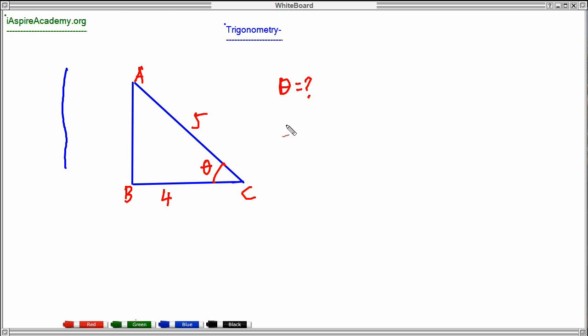So now we know that if this is theta, then before we get to that, it is maybe a good idea to write SOHCAHTOA. As we discussed, this is a nice way to remember what those formulas are.